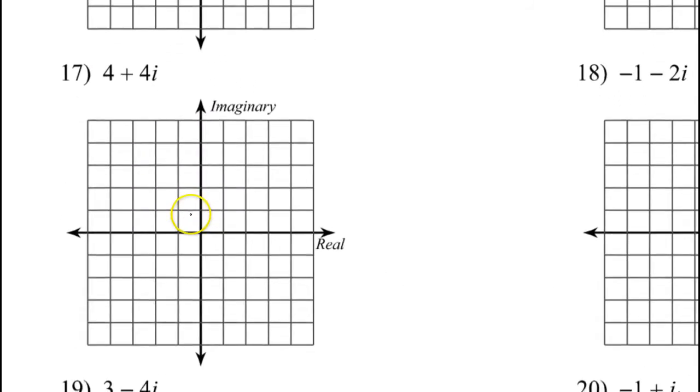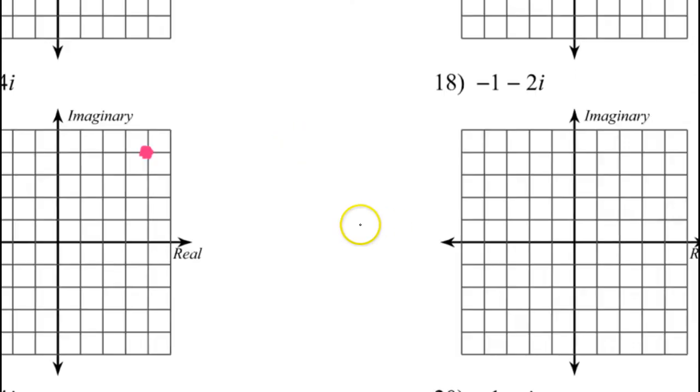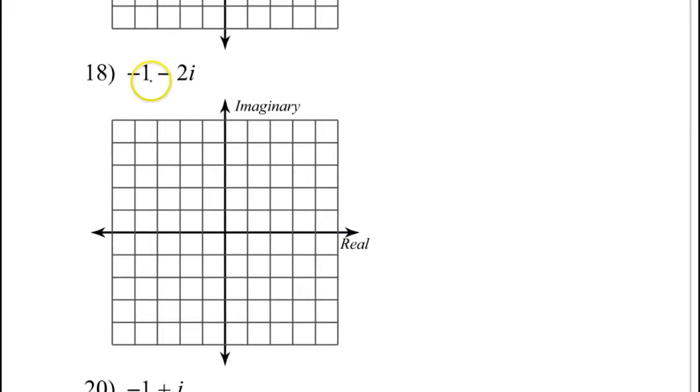Okay, for 4 plus 4i, that's going to be right 4 and up 4. So that's going to be right here on the complex plane. Okay, for -1 minus 2i, that's left 1 and then down 2.